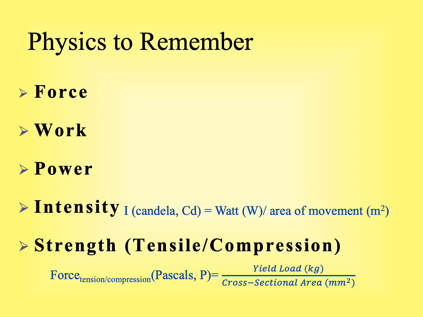Meaning that the larger the muscle, the greater the strength the muscle has. One other issue that comes into play, and we'll get more detail about this later on in our discussion, is the idea of tone. And tone is the percent of the muscle fibers being recruited in order to provide strength.